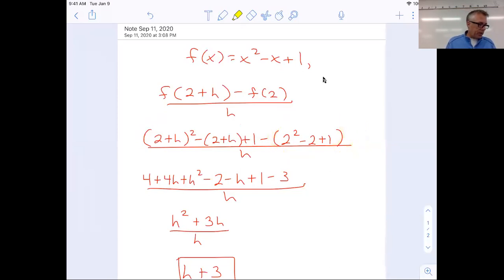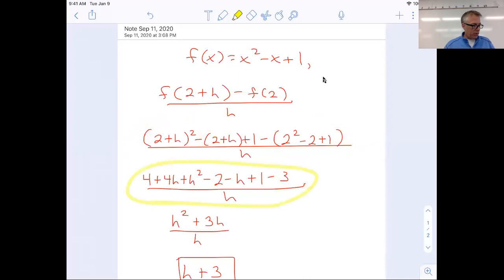But if we set it all up here, using the difference quotient, then it's just a matter of algebra. It's foiling, it's distributing, it's combining like terms, all things that you're good at, but we have to do them all at once. So in our next step, we get 4 plus 4h plus h squared. And then notice I distributed, so minus 2 minus h plus 1, and then minus the 3, because the 3 all came from that stuff there.